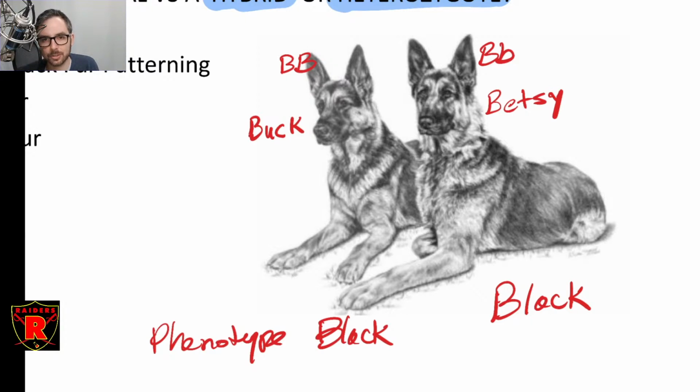Betsy over here is a heterozygote, big B, little b, and Buck is not. Buck is a homozygous dominant, otherwise known as a purebred. We want to know which one is which. We're dog breeders. We don't want to breed a Betsy. Sorry, Betsy, because Betsy is not going to produce a black-coated dog every single time, which is problematic for a dog breeder. Obviously, you want to make the same thing every time.